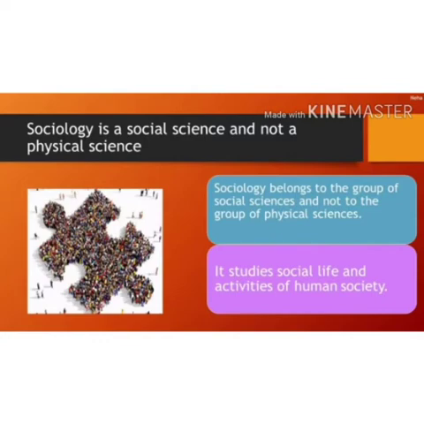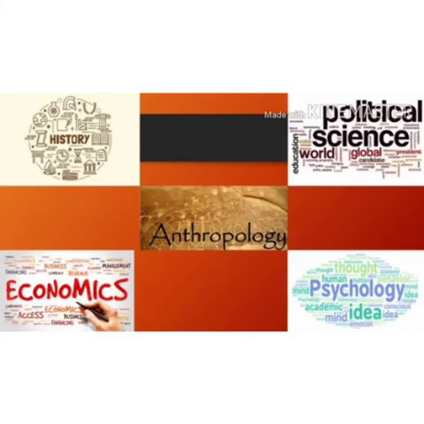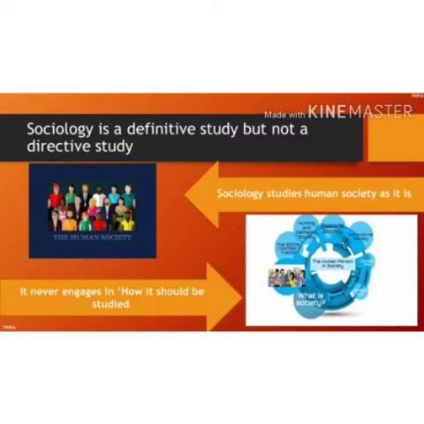Mainly physics, chemistry, astronomy and related subjects are called physical sciences. So sociology belongs to social science, not physical science. It studies social life and activities of human society. Sociology also has a close relationship with other social sciences like history, political science, economics, psychology and anthropology.